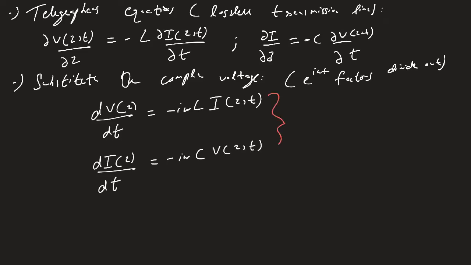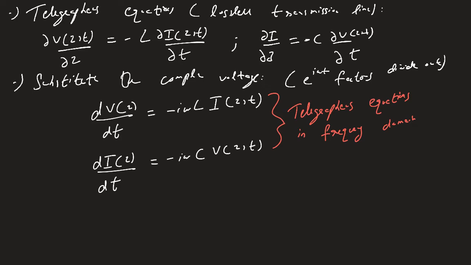So these two are basically the Telegrapher's equations in the frequency domain, in phasor form.